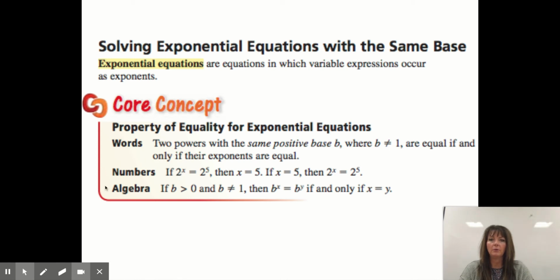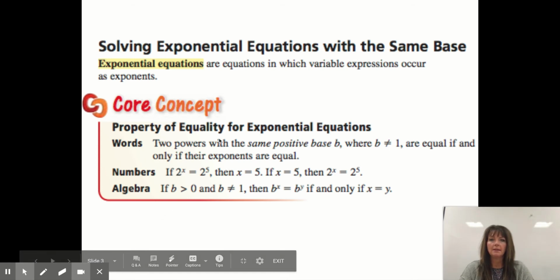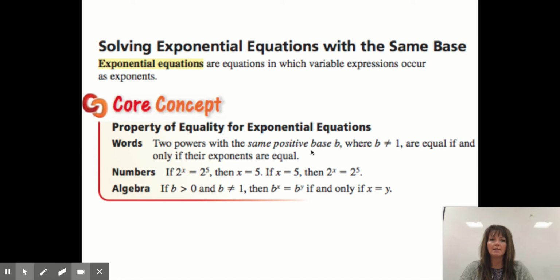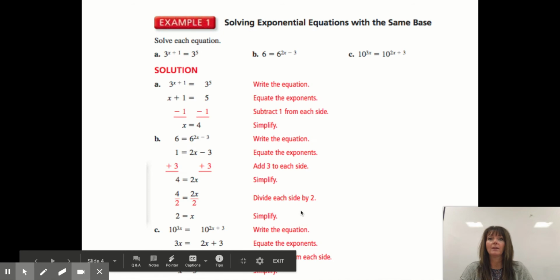So if you look down here in the core concept, two powers with the same positive base, where b is not equal to 1, are equal if and only if their exponents are equal. So 2 raised to the x power is equal to 2 to the 5th, obviously, when x is equal to 5. But we can use this information to help us solve them when they're a little bit more complicated than that.